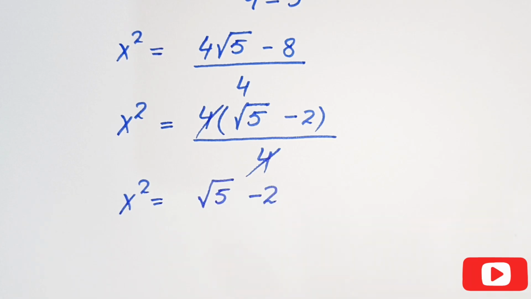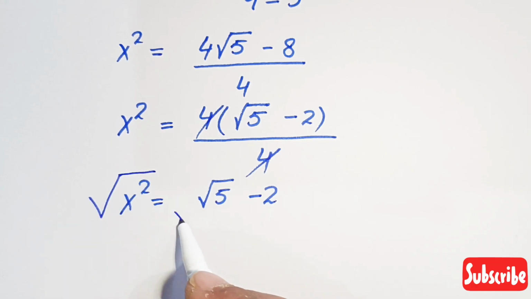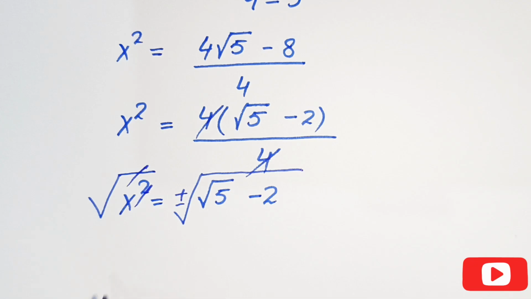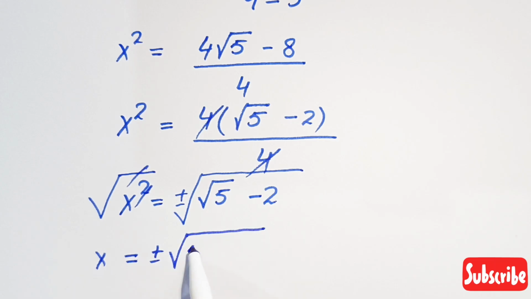Now if we take square root on both sides, we have plus minus, cancelling square with square root, x is equal to, here we have two values of x, that is plus minus square root of 5 minus 2.